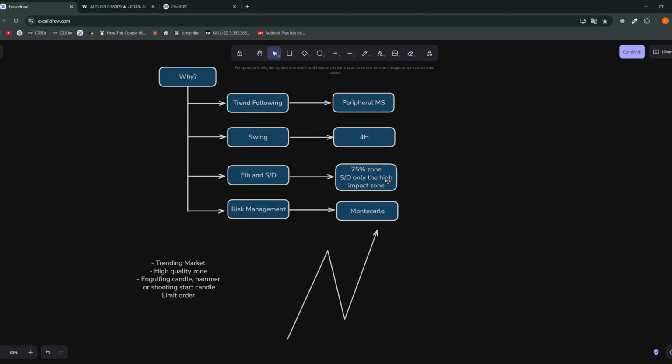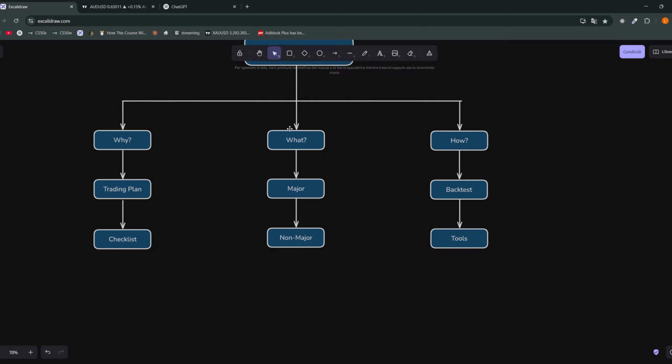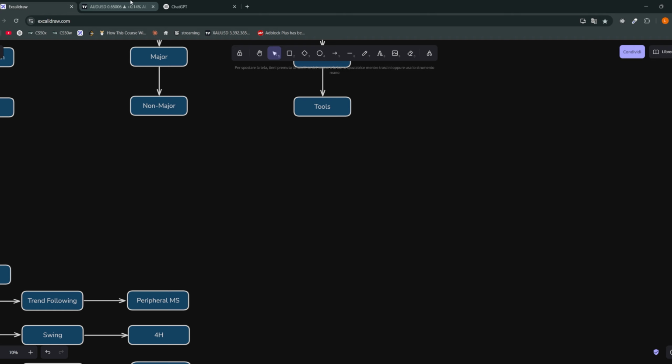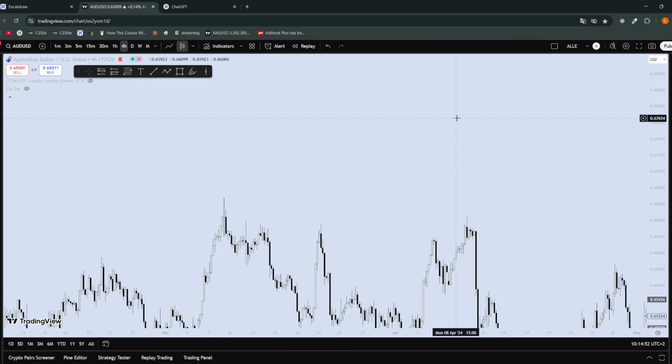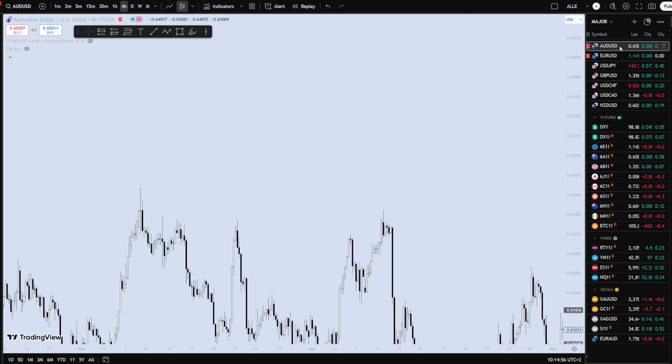So after establishing what we will trade and how we will trade, we will go to what pairs we will trade. For the pairs, I will go to this tab. We will trade AUD/USD, EUR/USD, USD/JPY, GBP/USD, and all of the majors, with a focus on DXY.